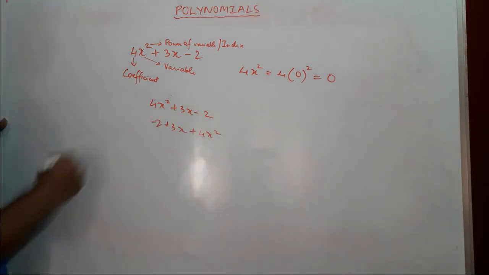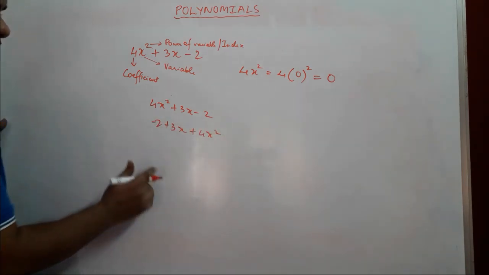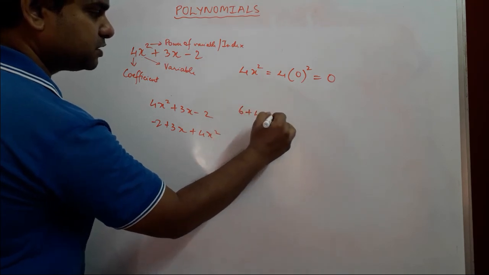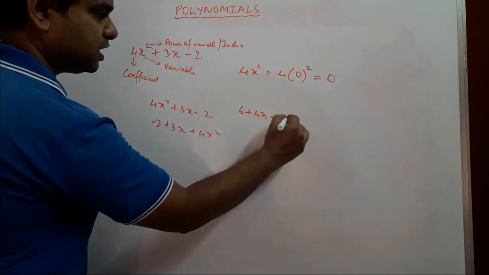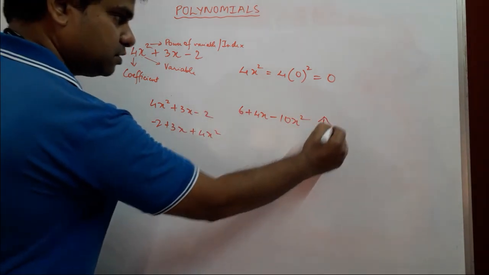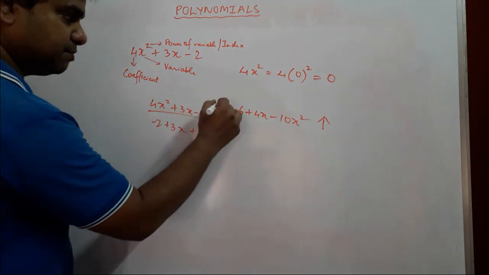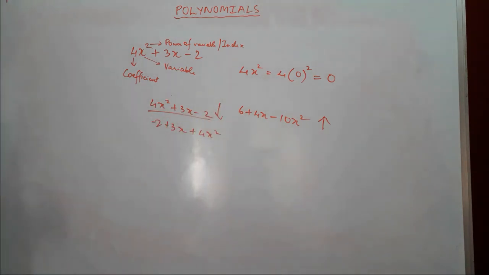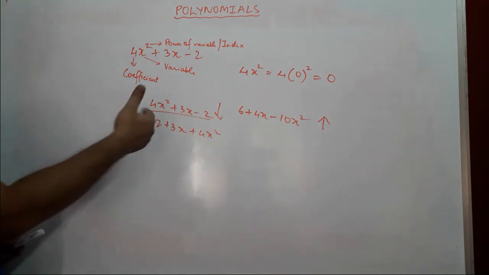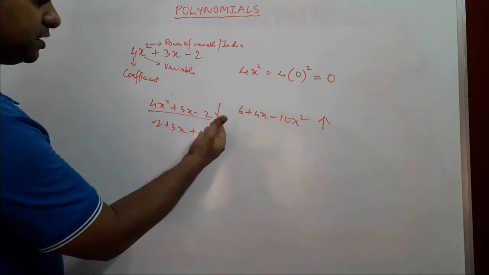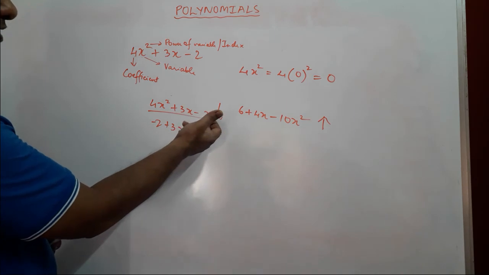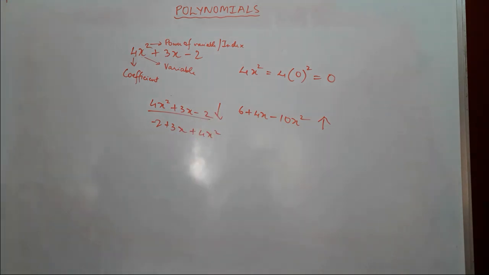So this is an increasing order. Or I'll give you another example, 6 plus 4x minus 10x square. This is increasing order, and the example that we took earlier was decreasing order. Usually they are in decreasing order, starting from the highest degree first and coming down to the lowest degree, which in this example is x raised to 0.